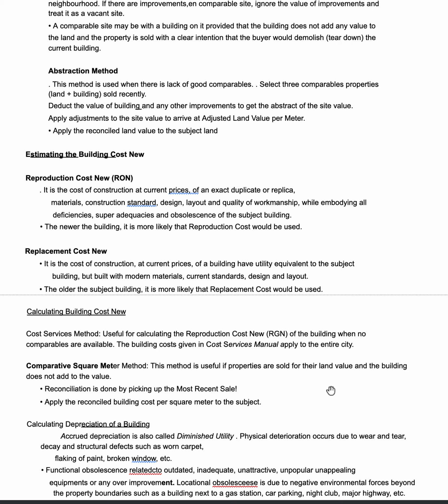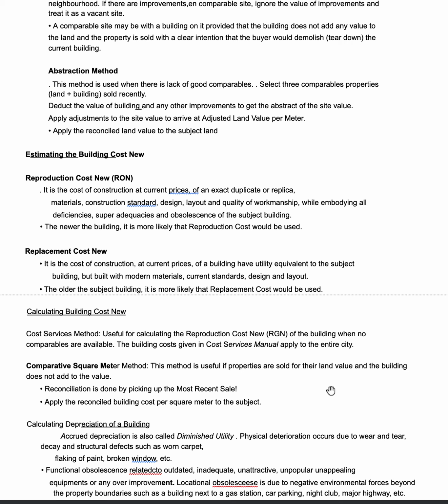The new method is the reproduction cost. The newer the building, the more likely that reproduction cost would be used. Replacement cost is the cost of construction at the current price of a building that has utility equivalent to the subject building but is built with modern material, current standards, and layout.